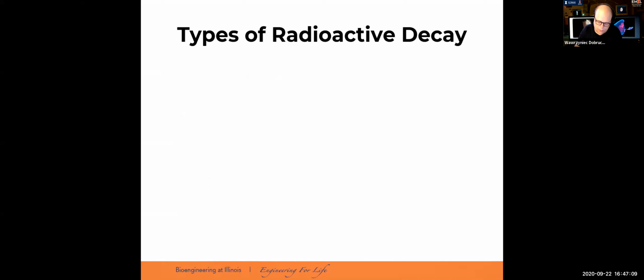I think this is a good time to stop. Next time we will start talking about another type of radioactive decay, which is used for imaging, especially PET imaging. These are unstable atoms which, to reach stability, need to emit a positron, and that's where the name PET imaging comes from.